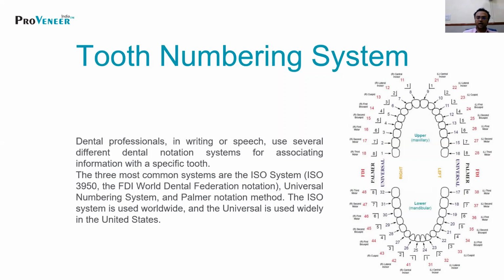Then comes lastly the Palmer system. In the Palmer system, whichever side quadrant teeth you are mentioning, you make a square shape, and on that side make one arrow horizontally and one arrow vertically, and there you write 1, 2, 3, 4, 5, 6, 7, 8.